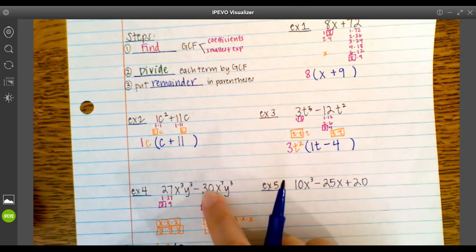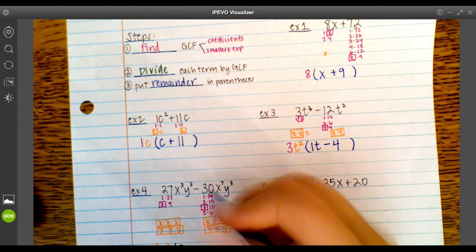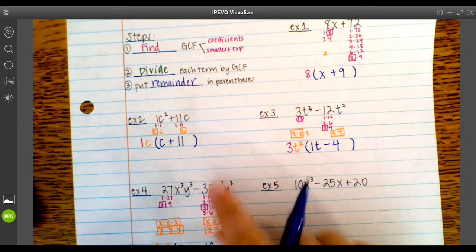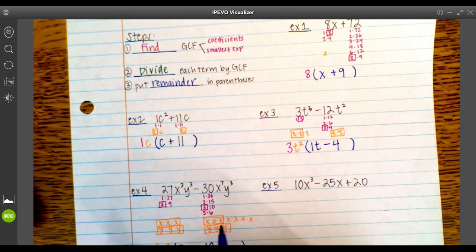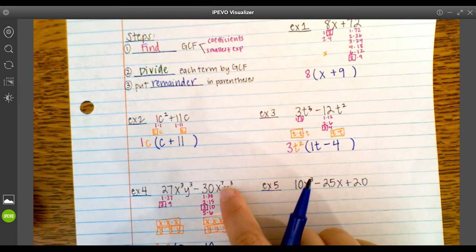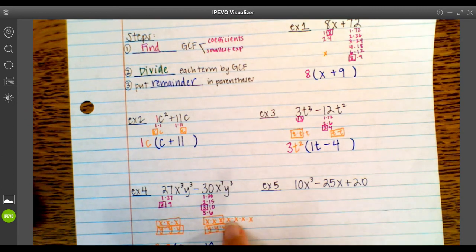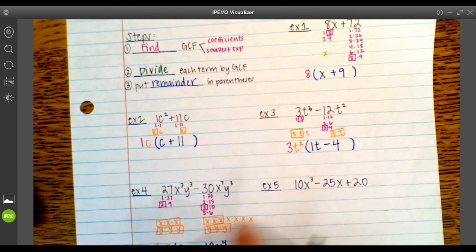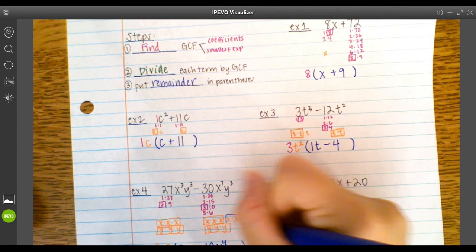Minus, what is 30 divided by 3? Ooh, that is a 10. All right. Now, we pulled 3 x's out of the 7. So we still have 4 x's remaining. We'll have x to the 4th still remaining inside of our parentheses.